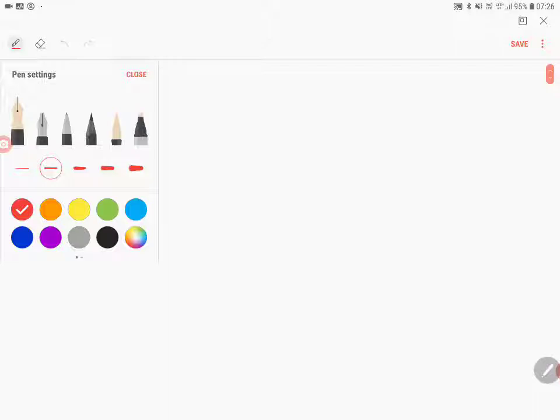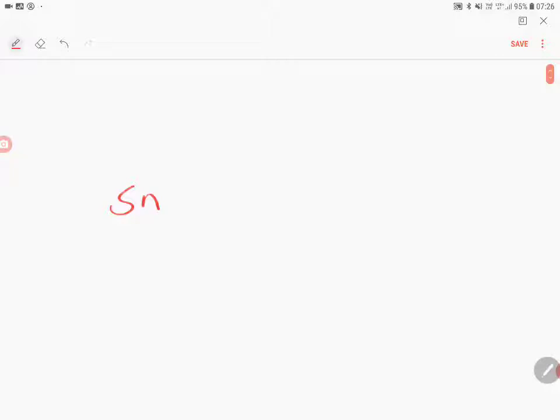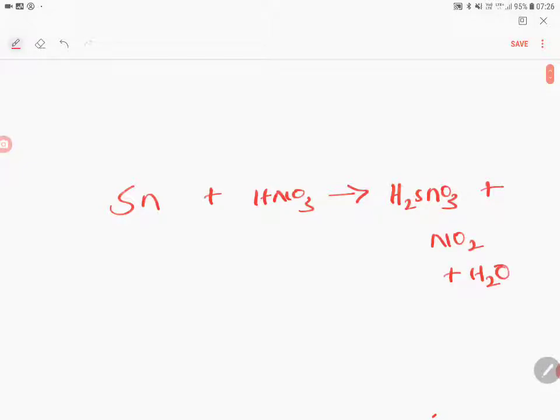So when tin reacts with conc. nitric acid, then we'll get metastannic acid with the liberation of NO2 and H2O.